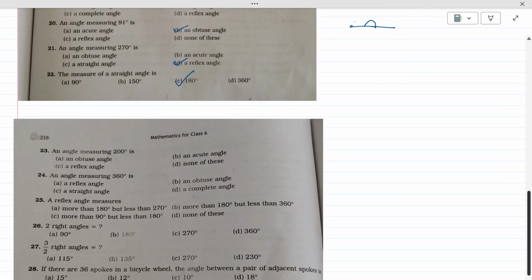Going to the next page. An angle measuring 200 degrees is, like what we said, greater than 180 degrees but less than 360 degrees. So that means it's a reflex angle.